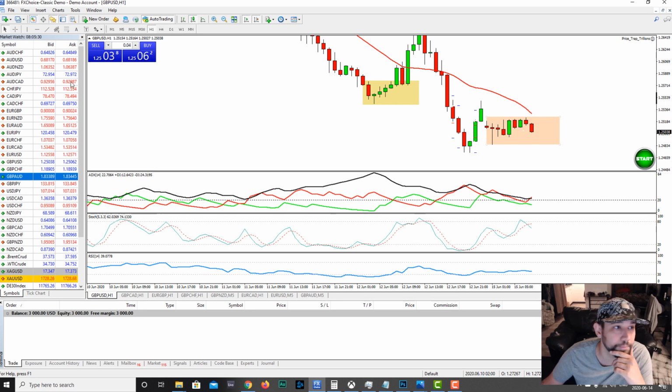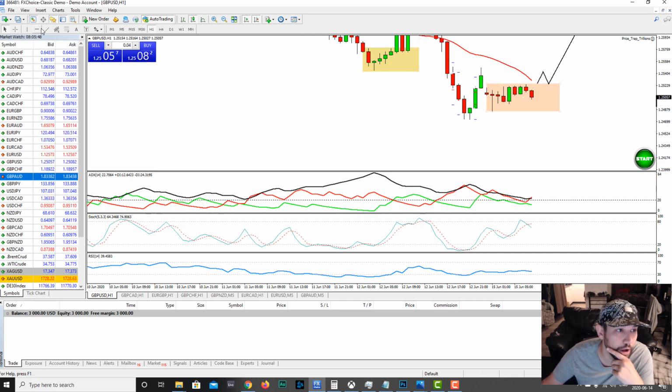Now, what we were waiting for is for the price to break out and then retest this line, and then we were confident that it was a buy. The same goes for the bottom.